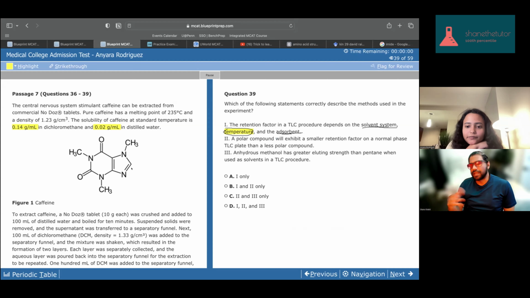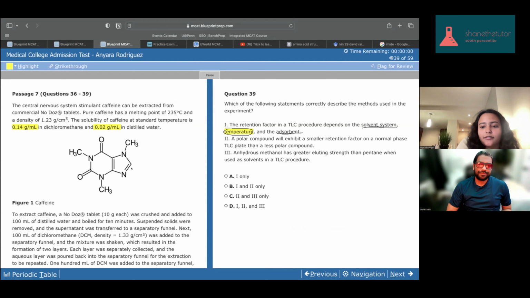I'll show you what we can do. Now tell me about Roman numeral 2. A polar compound will exhibit a smaller retention factor on a normal phase TLC plate than a less polar compound. I think it's true. Tell me why.